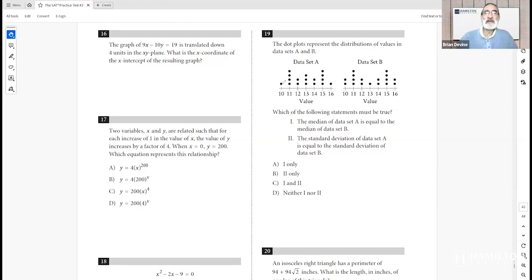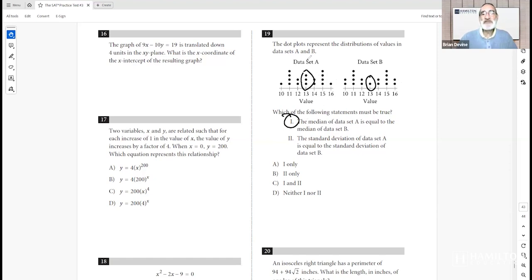I can count in 1, 2, 3, up to 17. There's 17. So the ninth one from either end would be 13. Similarly here, the median would be 13. So the medians are equal. So 1 is true.